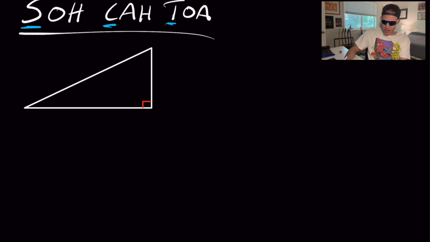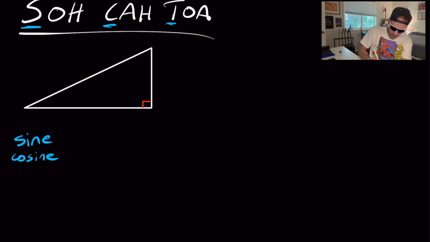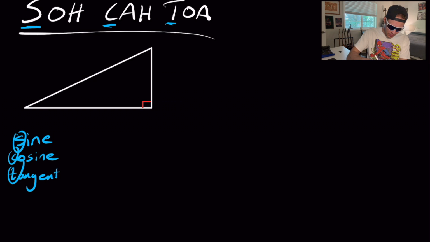So the three basic trigonometric ratios are going to be sine, cosine, and tangent. Each of the first letters in those words corresponds to the first letters of each of the words in that mnemonic device.